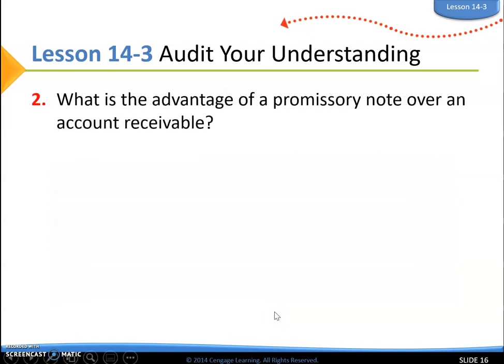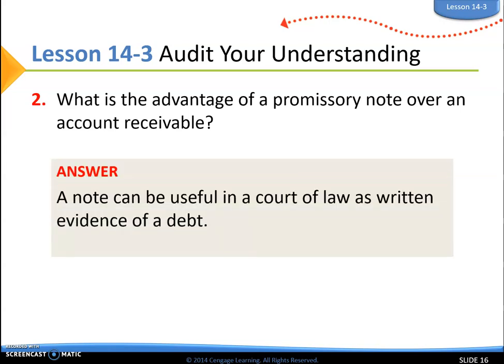Number 2, what is the advantage of a promissory note over an account receivable? So with a promissory note, this can be a lot more useful in a court of law because this then is evidence of a debt, written evidence that we will have.